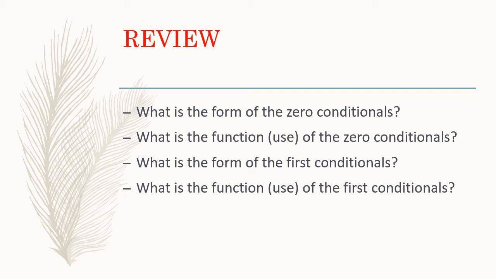Example, if it rains, the grass will get wet. That is our example. So what is the function or use of the first conditionals again? Okay, so we use the first conditionals when talking about possibilities in the present or in the future.